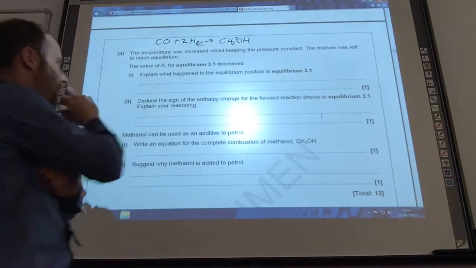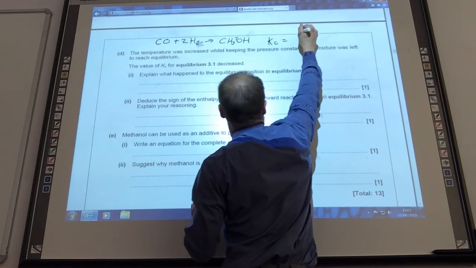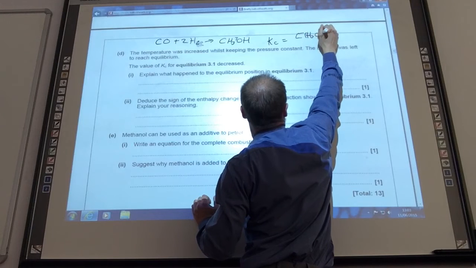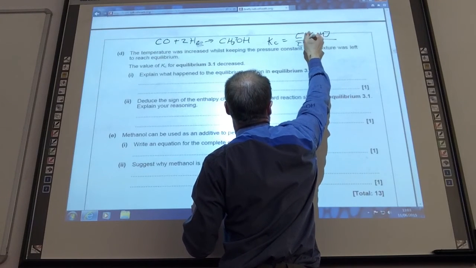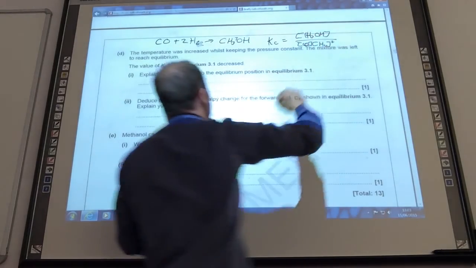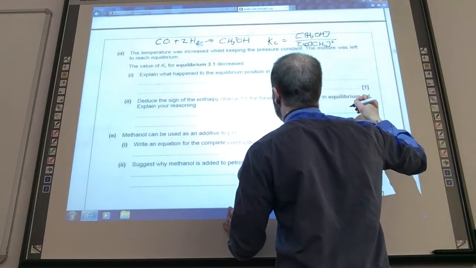Okay, Kc is the concentration of methanol over the concentration of carbon monoxide times the concentration of H2 squared. Kc has decreased, therefore it has shifted.